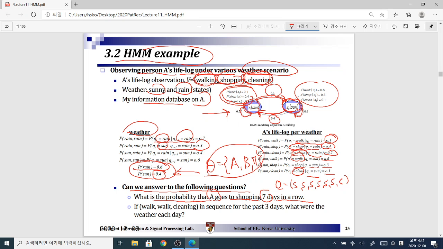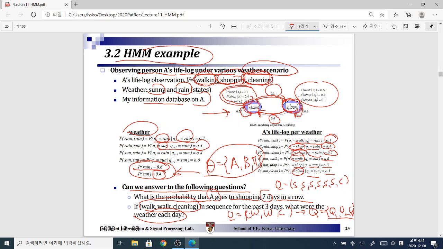If, however, this person's observation is walk, shop and clean in this sequence for 3 days, what was the weather for each day? I'm going to describe that weather as Q1, Q2, and Q3. So this would be the weather sequence or state sequence.